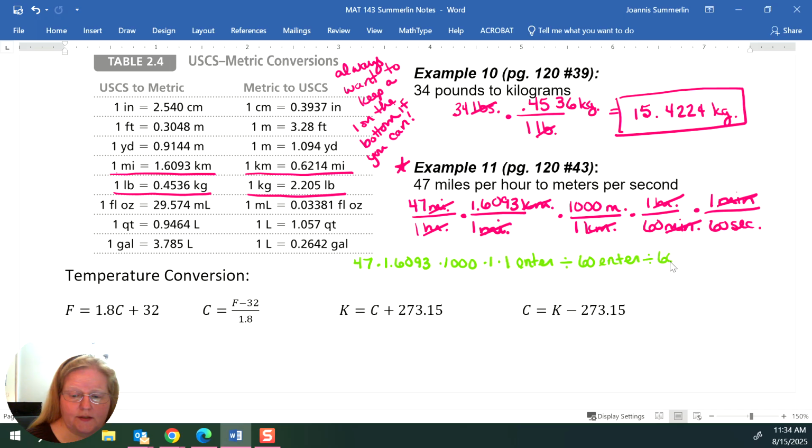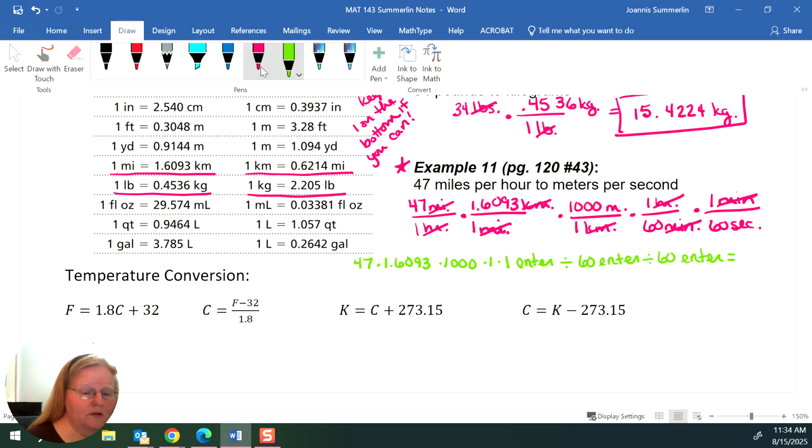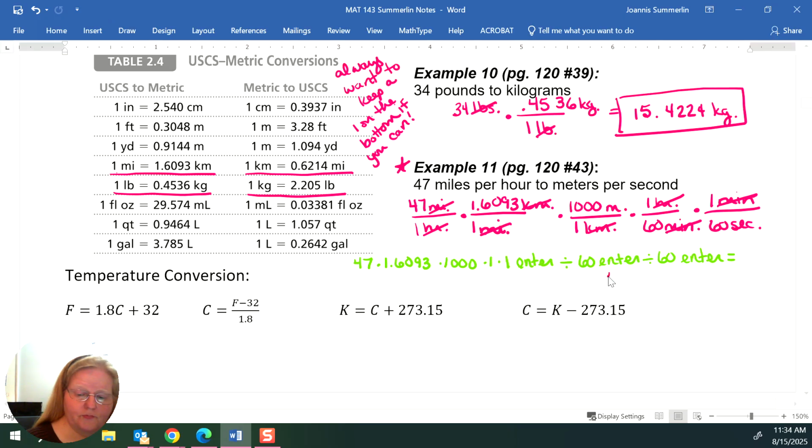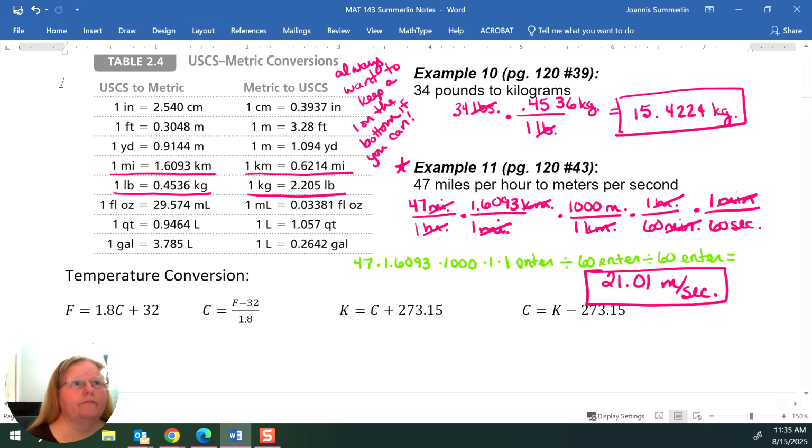Divided by 60 again, enter. Equals, okay, I'm back here, and it gives me 21.01 meters per second. Whew, that was a lot. Okay. Told you it was a difficult one.